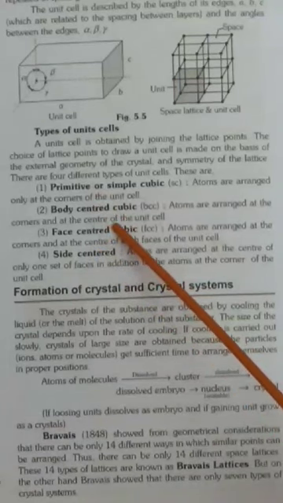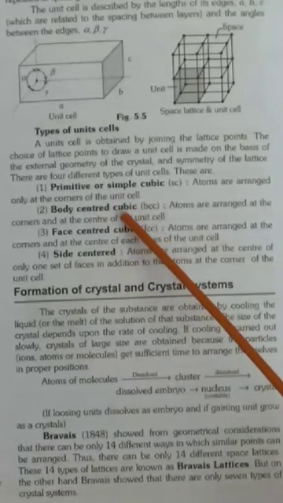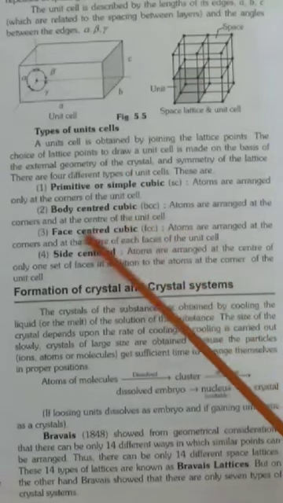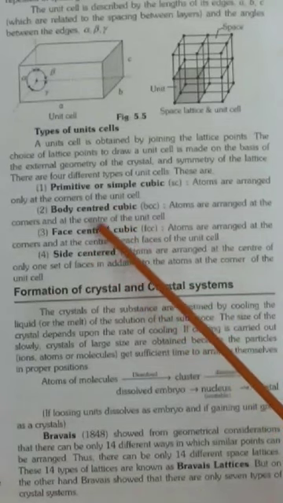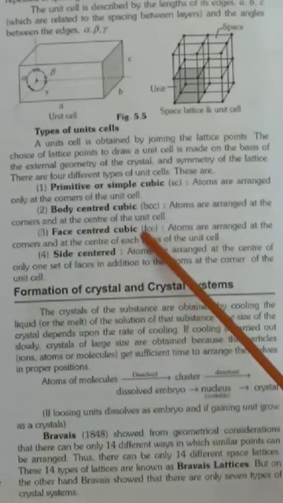One is the body-centered cubic unit cell. Here, along with the corner particles, a particle is present at the center of the unit cell. Then the face-centered cubic unit cell: here, along with the corner particles, particles are present at the center of each face.